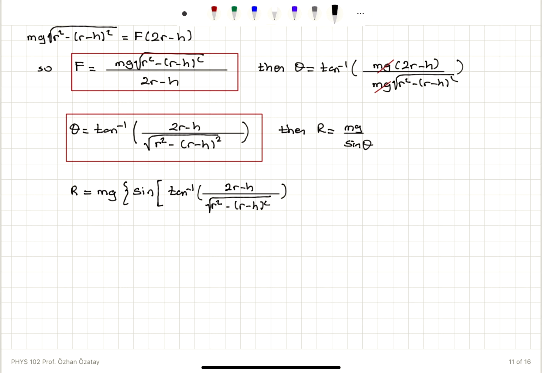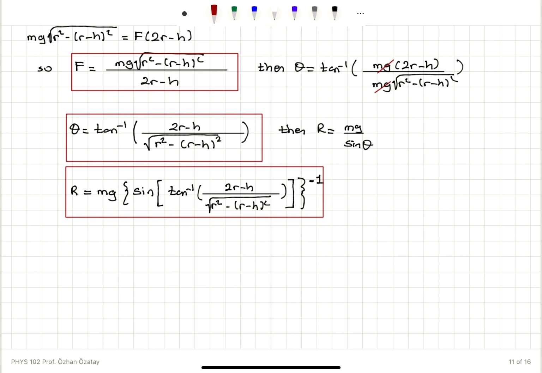That's the angle. And the sine is in the denominator here, so sine theta to the power minus 1. So this should be the magnitude of the contact force with the curb.